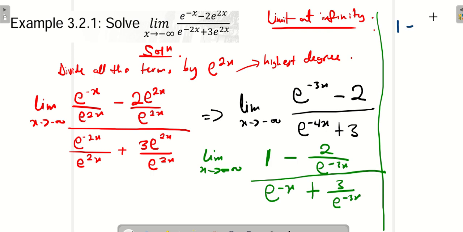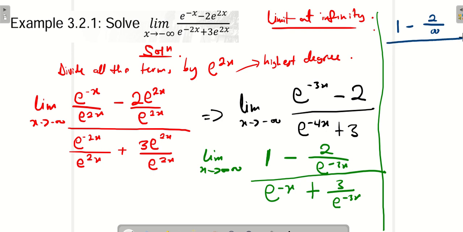Minus 2 divided by, now if I substitute negative infinity here, it will be negative 3 times negative infinity, and that will still be positive 3 infinity. Positive 3 infinity means a very big number. E exponent a very big number will still be a very big number. So this whole expression will become infinity.